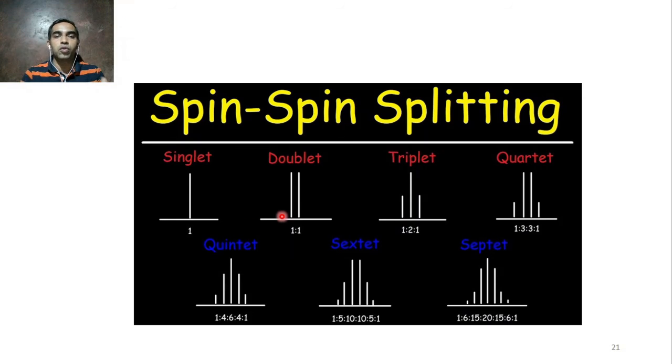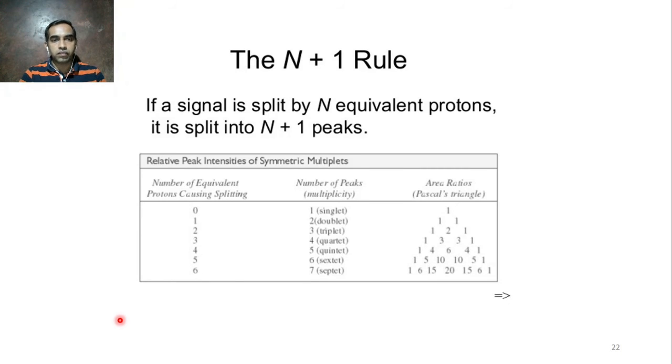If it has split into 2, then remember doublet will show 2 equal heights, triplet 1 up, 1 down. So this is how Pascal's triangle works. This is what you get.